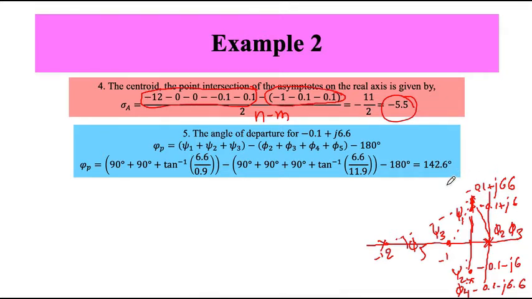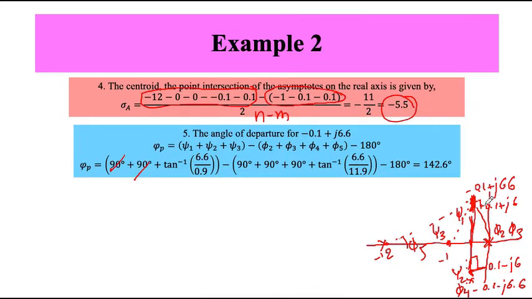Okay, so psi 1 will be 90 degrees. With respect to this pole, the angle is 90 degrees, and again with this zero it is 90 degrees.